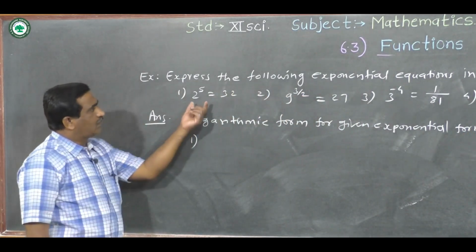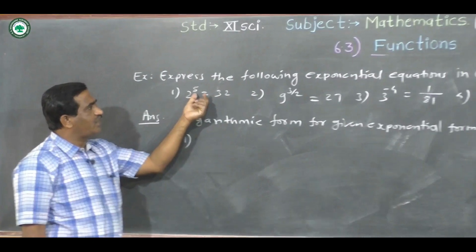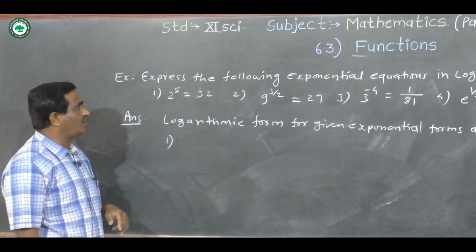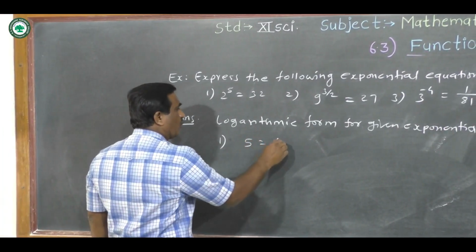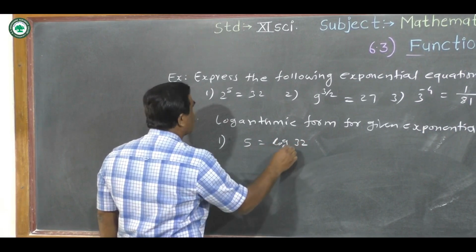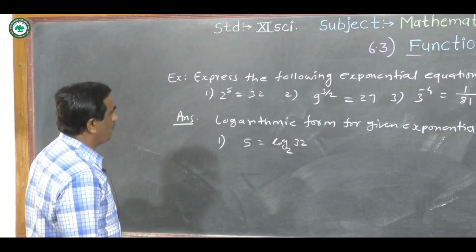First, the logarithmic form for the first equation, 2 raised to 5 is equal to 32. We can write 5 is equal to log of 32 to the base 2.